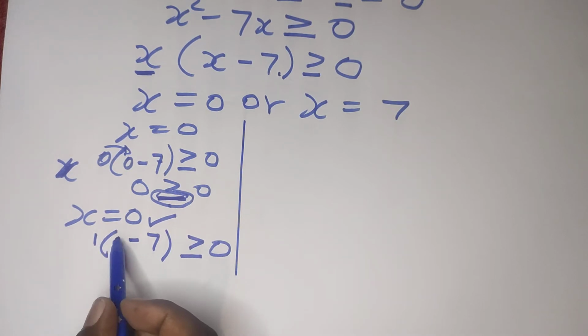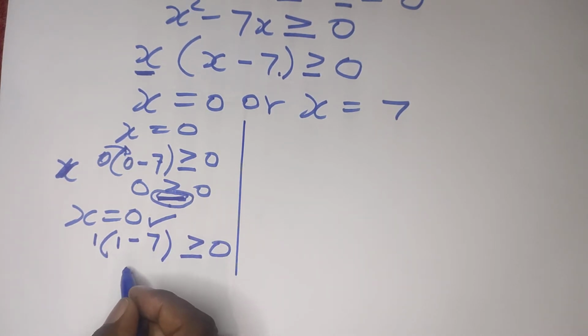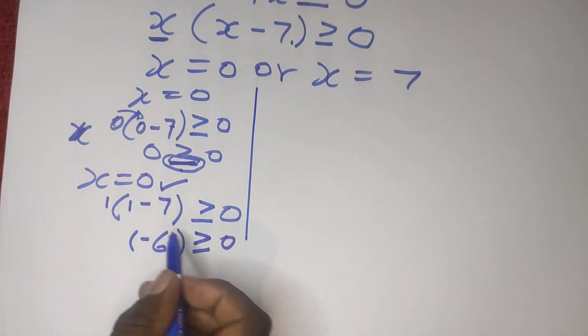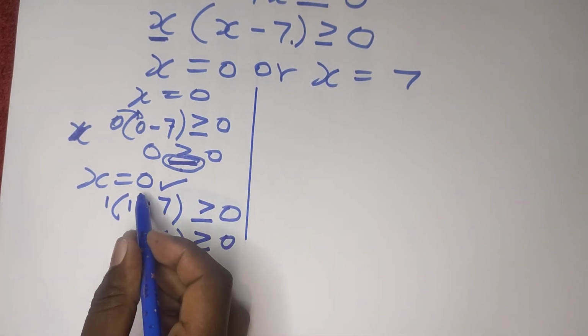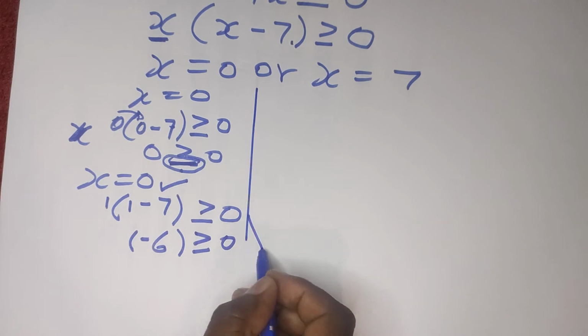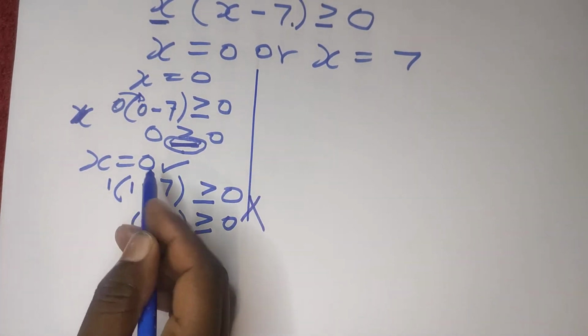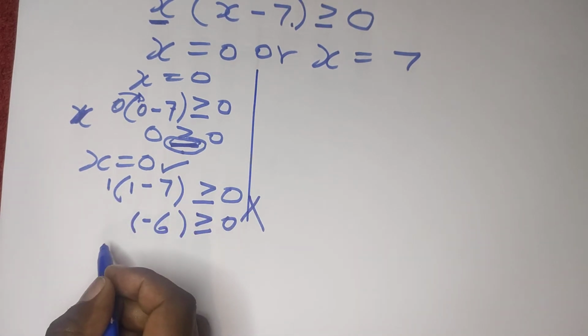So 1 times 1 minus 7 gives minus 6, greater or equal to 0. So the values that are greater than 0 don't satisfy the equation, so it doesn't work. So let's look at the values that are less than 0.